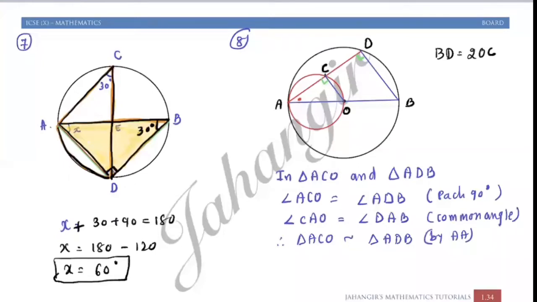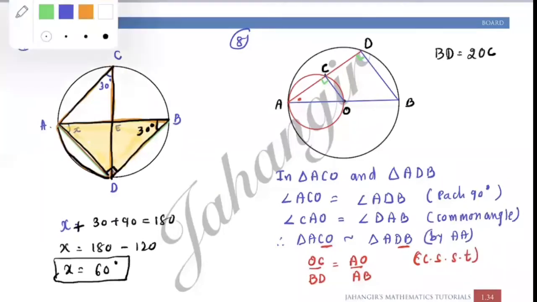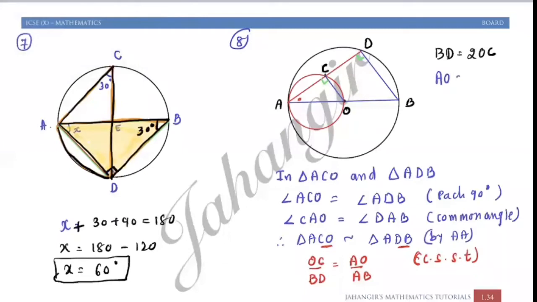So if two triangles are similar, then their sides are proportional. So in its proportional sides we can write OC upon BD is equal to AO upon AB, corresponding sides of similar triangles. But as we know, AO is equal to half of AB.